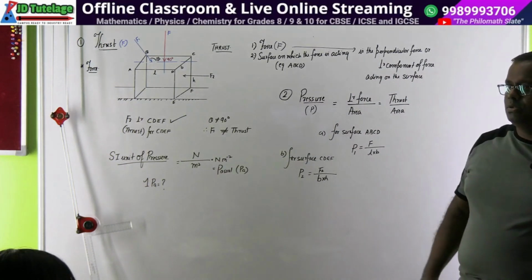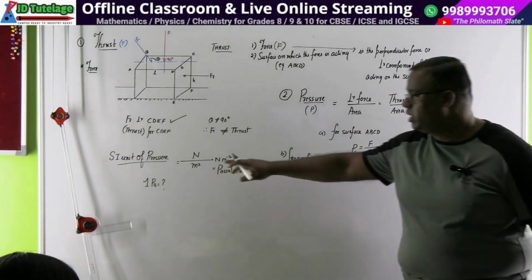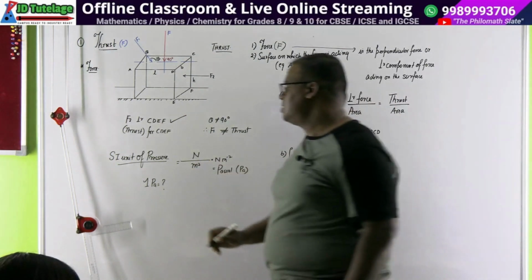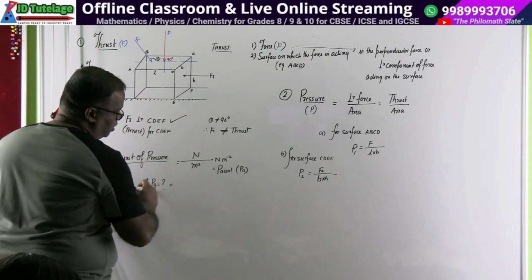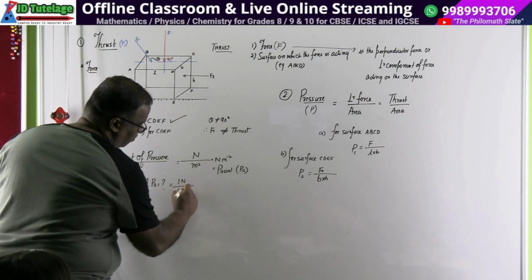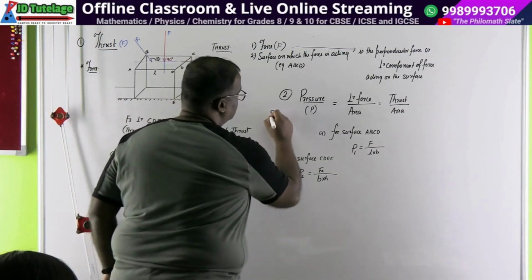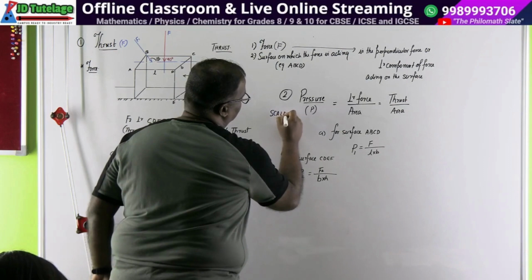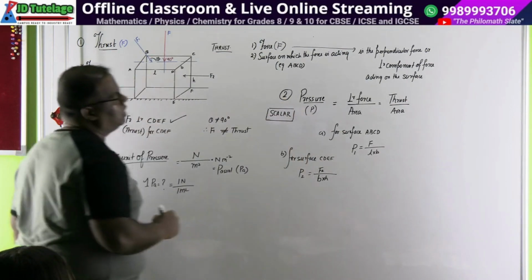So 1 Pascal is said to be the pressure when a force of 1 Newton acts on a surface of 1 meter square area. And pressure is always a scalar quantity. Pressure scalar होता है, though one of the parent is vector.